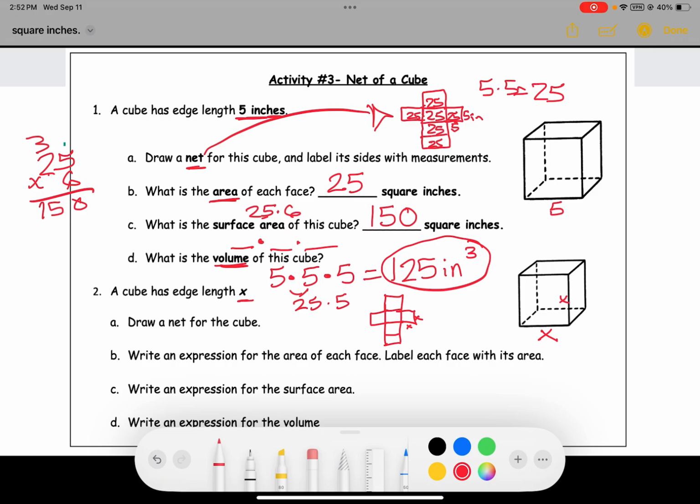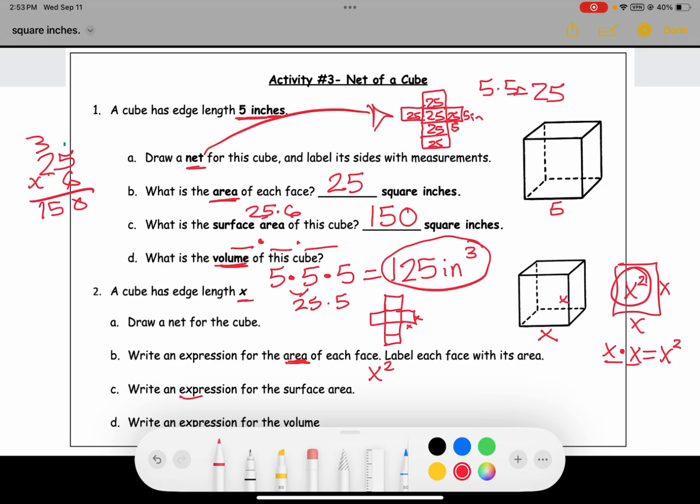Then it says write an expression for the area of each face. So I know that if I have one square and one side's x and the other side's x, that means I'm doing x times x. And x times x is x to the second power. It's x multiplied 2 times. So I'm going to say x to the second power. So x to the second power would be the area of one of the faces.